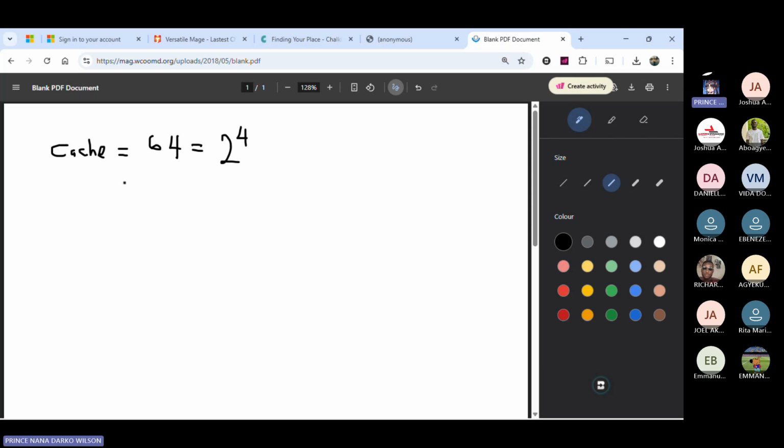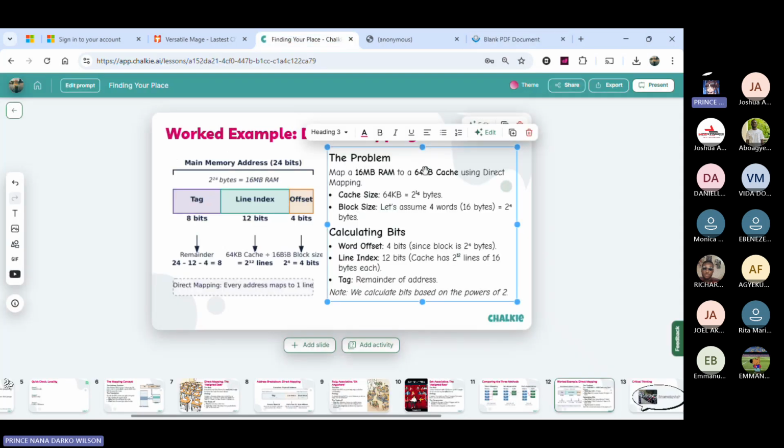Then we move on to the next one. They also asked us for the block size. We are assuming, and normally the question will give you the actual block size, that the block size is 16 bytes. The cache size was given here to be 64 kilobytes, so that's 2 to the power 16.